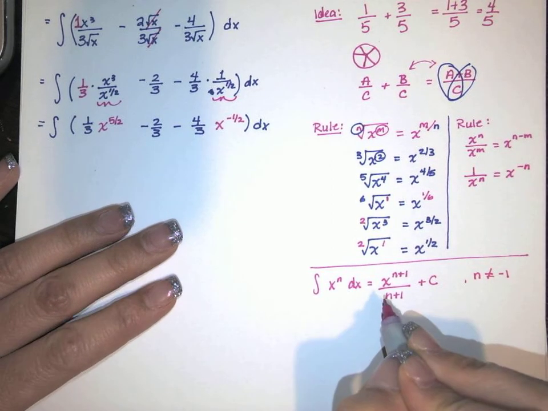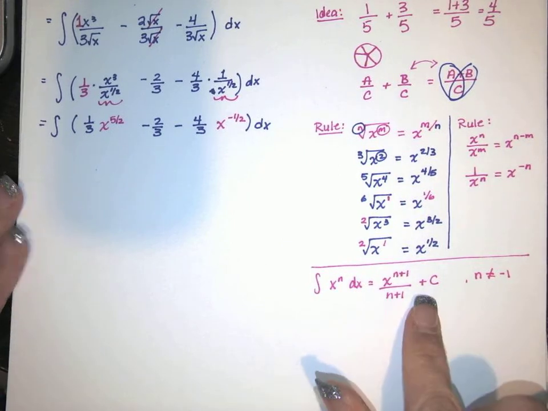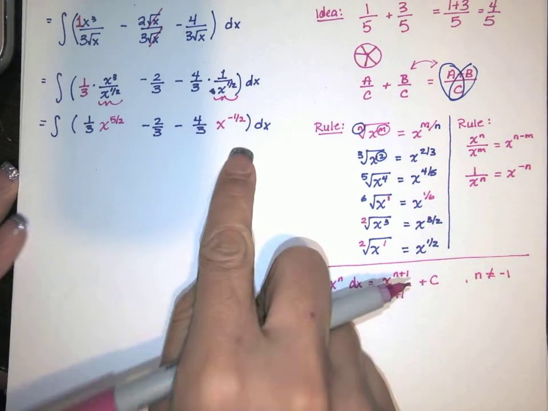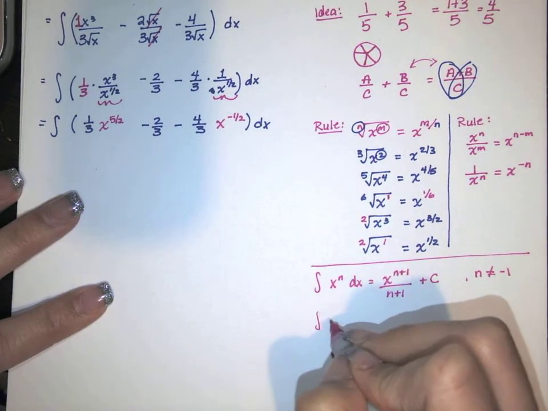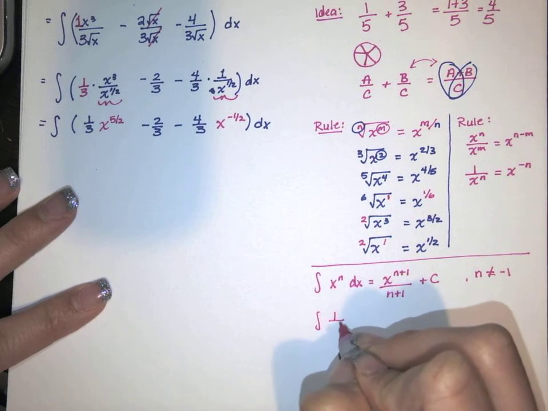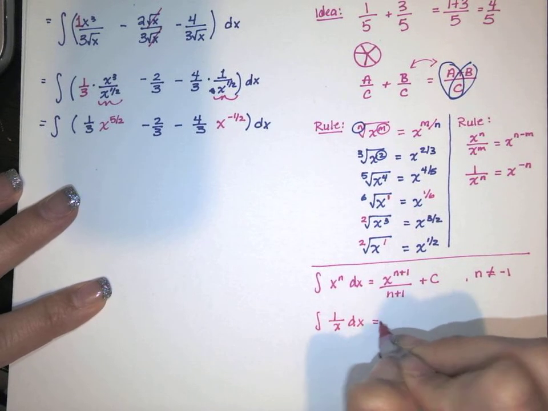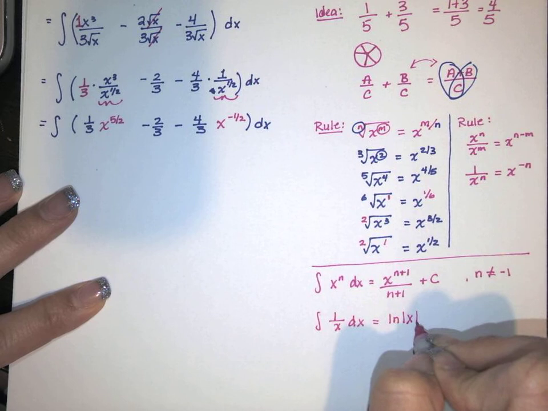If n's not equal to -1, if n is any other power, we can do this, and that's what we're going to apply here and here. But if n is -1, well, that's the same as 1 over x in that case. And then we get natural log of the absolute value of x plus c.